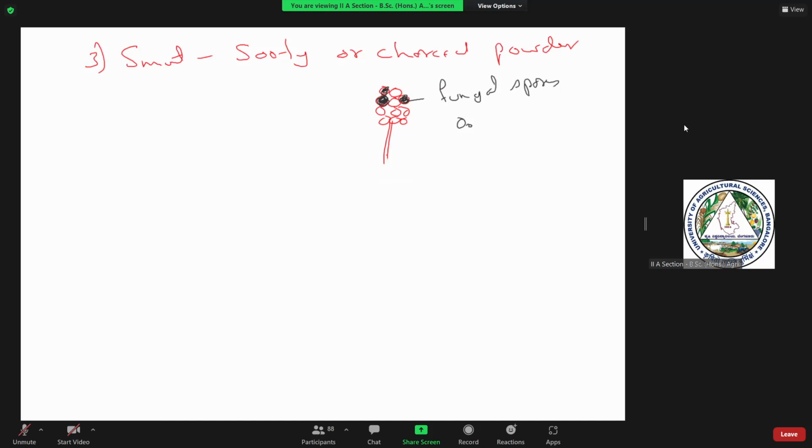The fourth type of symptom is the white blisters.